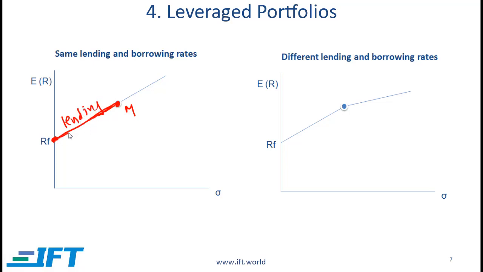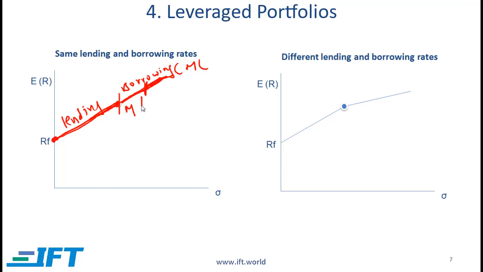Therefore, this part of the CML is also sometimes called the lending portfolio. The part to the northeast of the market portfolio is called a leveraged portfolio or a borrowing portfolio. The reason is, to get to this part of the CML, we need to borrow money and invest the borrowed money in the market.